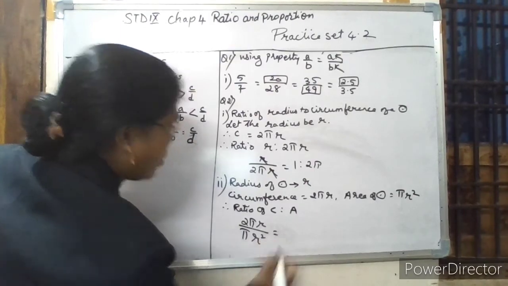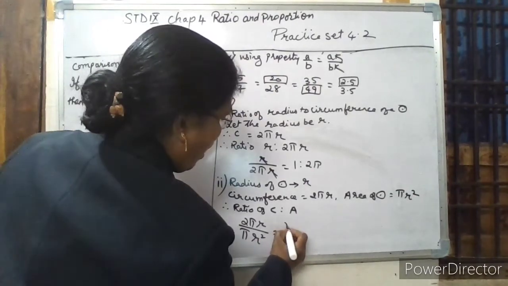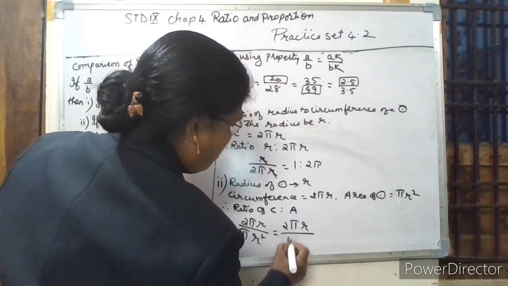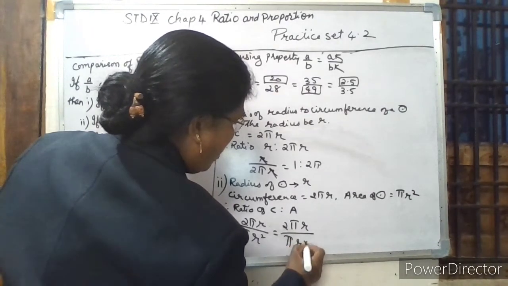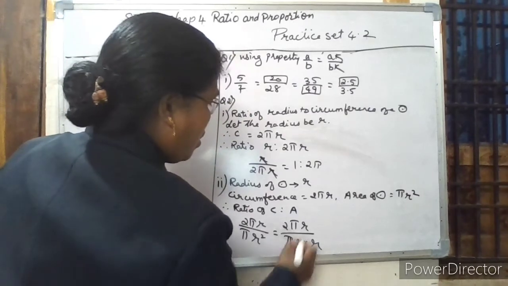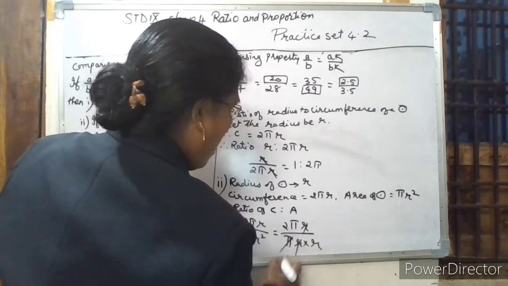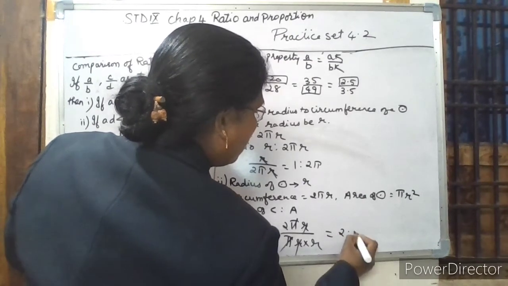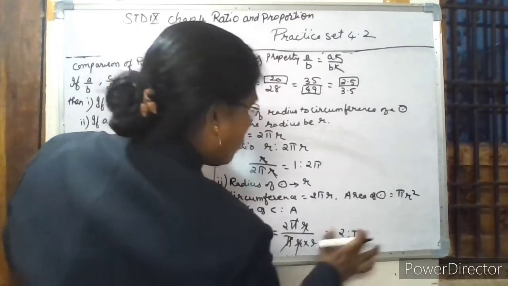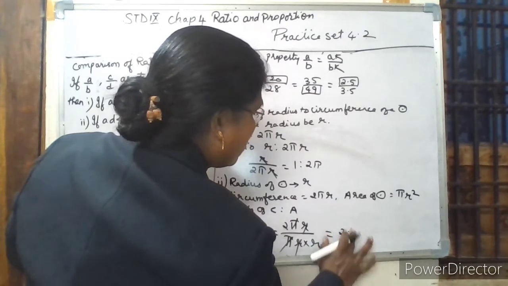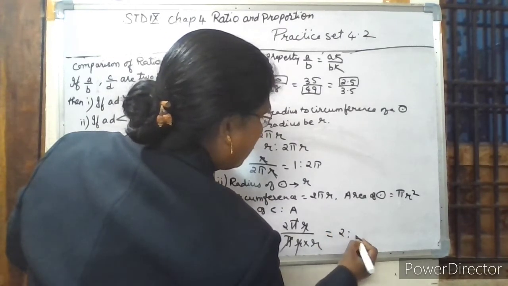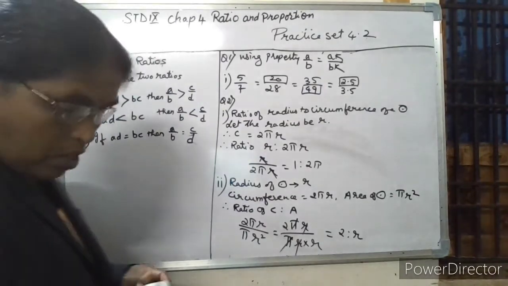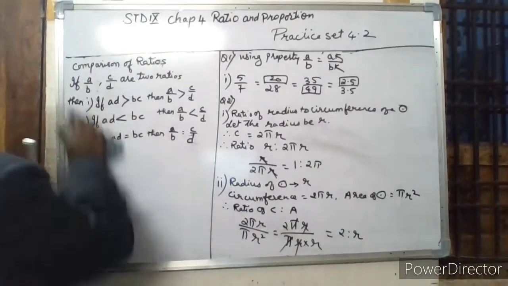This can be written as 2 pi R upon pi R into R. One R gets cancelled, pi gets cancelled. So therefore we are left with 2 is to R. Only one radius.